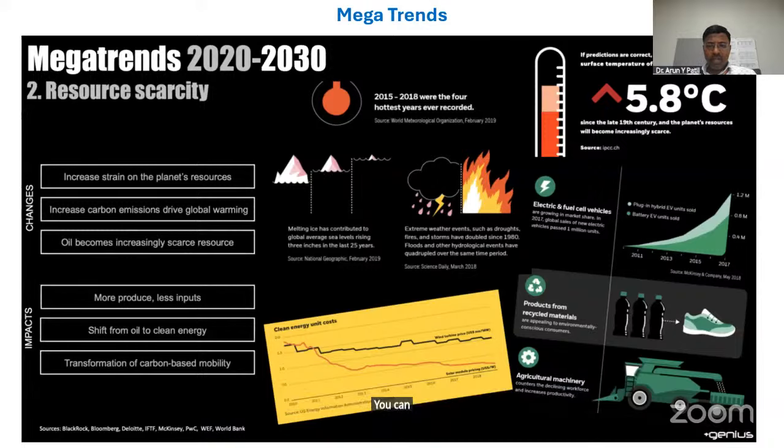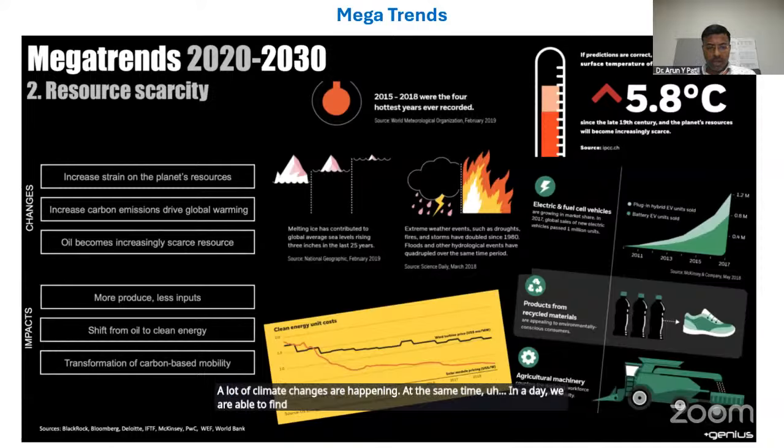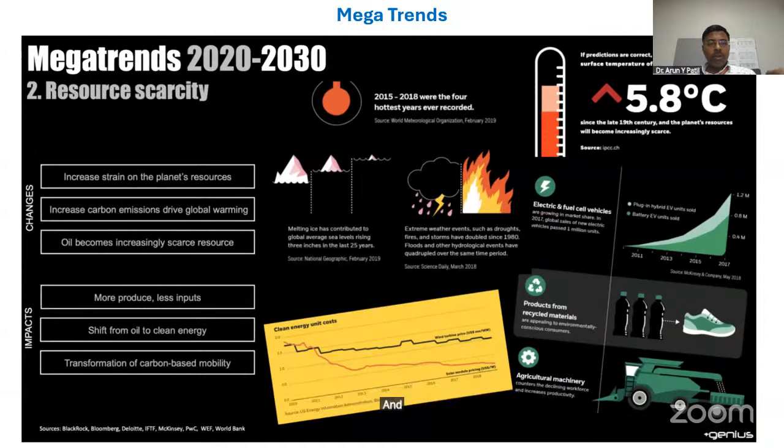Even to date, because of the temperature rise, a lot of climate changes are happening. At the same time, in a day we are able to find all 3 seasons, and even natural calamities are happening to a larger extent. So how to work in these conditions?